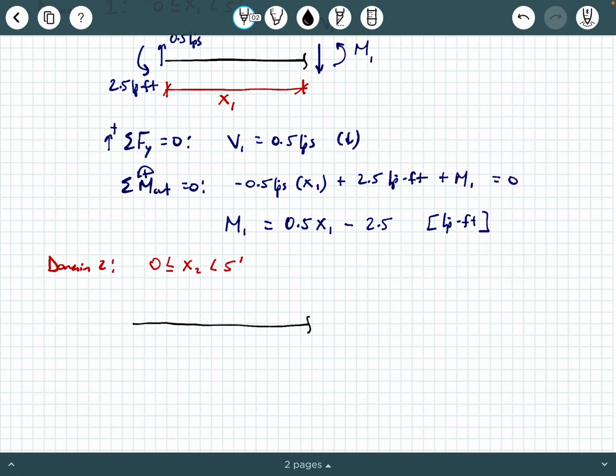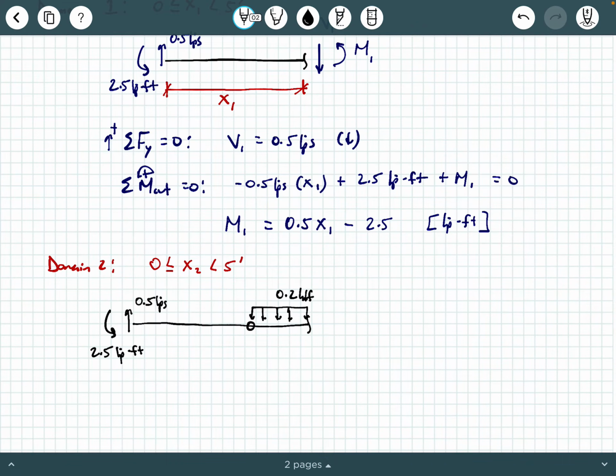We're going to include everything to the left of the cut that we're making here. So we're making a cut somewhere here, and we have that internal hinge that we're cutting on the right side of. And so we're including everything all the way to the left, which also means we're including the 0.5 kips reaction from AY, the moment reaction, 2.5 kip feet, and we're cutting to the right of the internal hinge, which means there's going to be a little piece of this uniform distributed load 0.2 KLF.